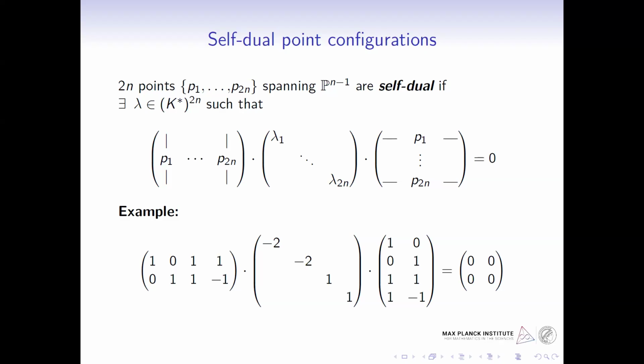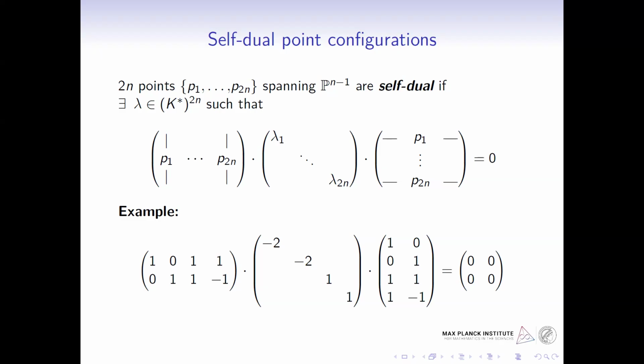It's not a coincidence that the realization of my matroid that I picked here allows me to find these non-zero lambdas. In fact, it turns out whenever you pick 4 distinct points in P1, you will be able to solve this equation with non-zero lambdas. So in other words, any 4 distinct points in P1 are self-dual.